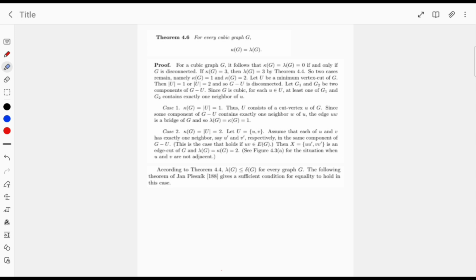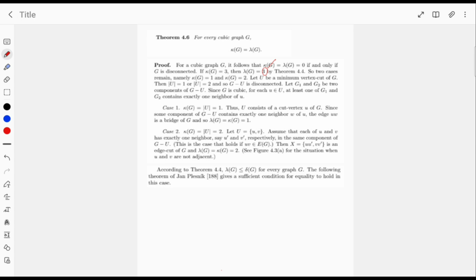So since the number of edges at each vertex is equal to 3, this is the maximum vertex connectivity, or we say this is the maximum edge connectivity, because we don't need 4 vertices to disconnect a cubic graph.